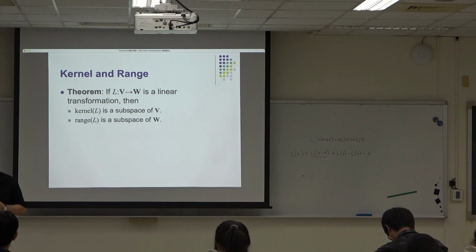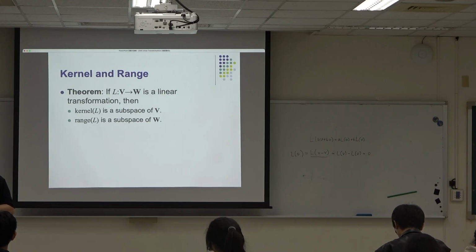It must map the 0 vector in V into the 0 vector in W. So obviously the 0 vector in V is in the kernel of L. So we have shown that the kernel of L is non-empty. This is the first step.